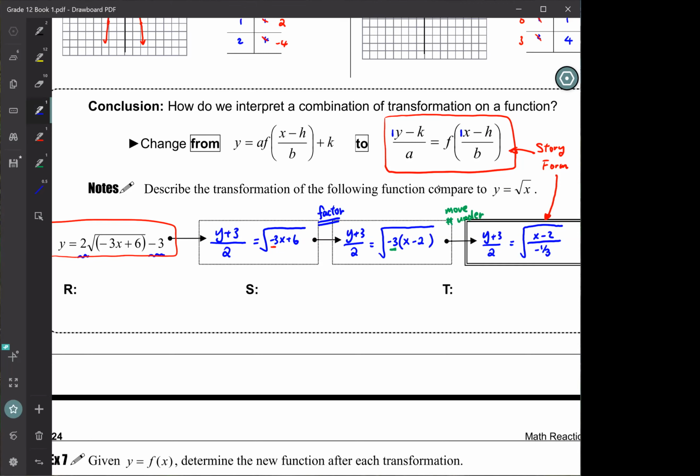So you follow the 3 rules: the negative with x or with the y, and then number under x, number under y, bigger than 1, between 0 and 1, the adding, the subtracting. Just follow those 3 rules. And see if you can do this without flipping back the notes. Try to remember the rules.